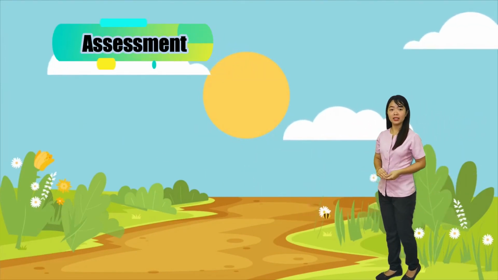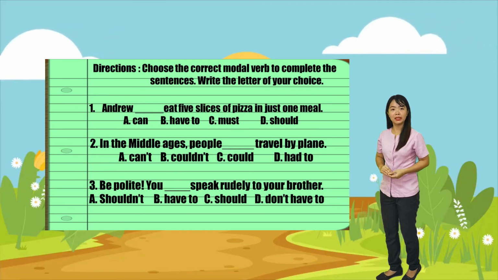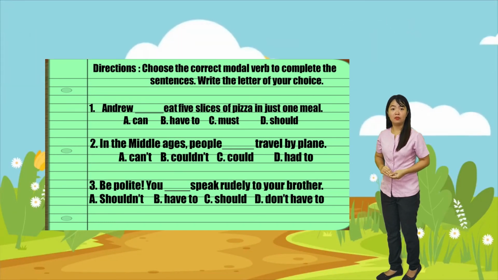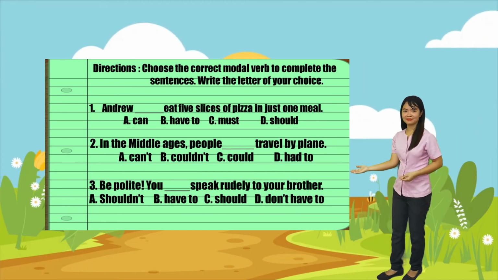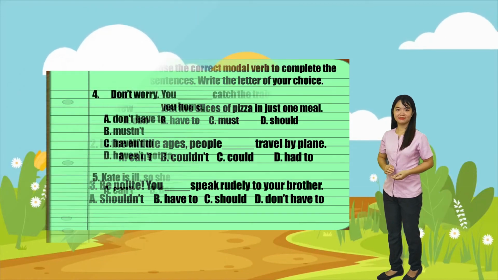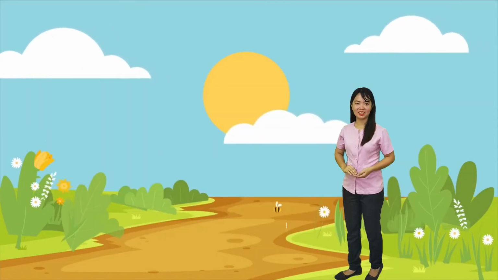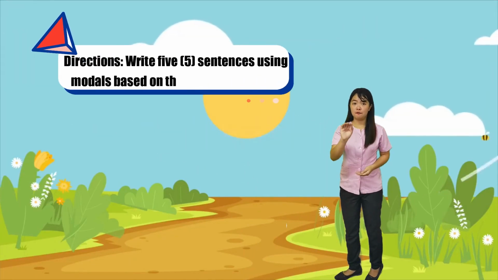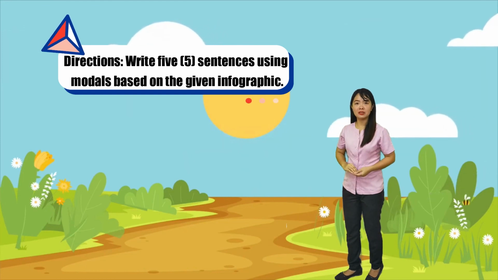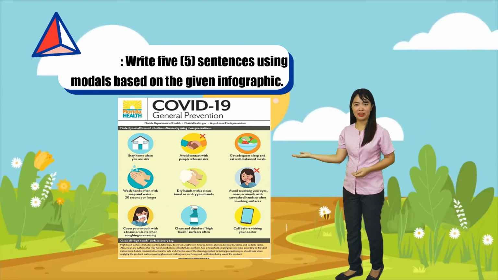For Activity 1, here are the directions. Choose the correct modal verb to complete the sentences. Write the letter of your choice. For your Activity 2, you have to write 5 sentences using modals based on the given infographic.